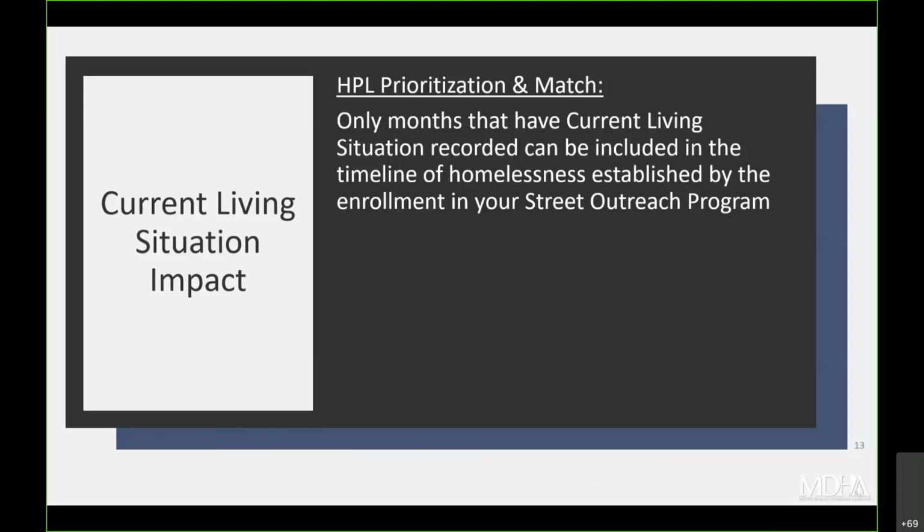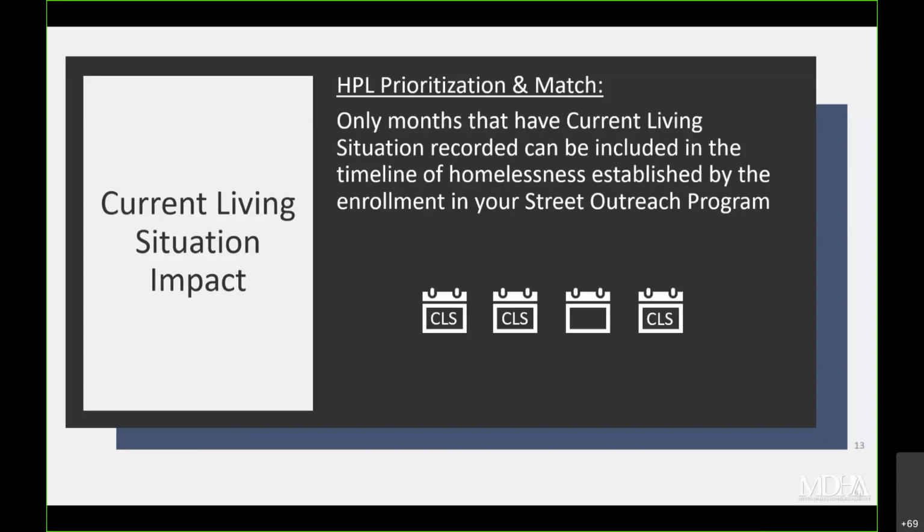I'll say that again. Only months that have a current living situation recorded can be included in the timeline of homelessness that's established for your client by their enrollment in your street outreach program. So what this means is that we have a client that's been in your program for 4 months, and only 3 of these months were you able to contact that client, whether it was one time that month or multiple times that month.